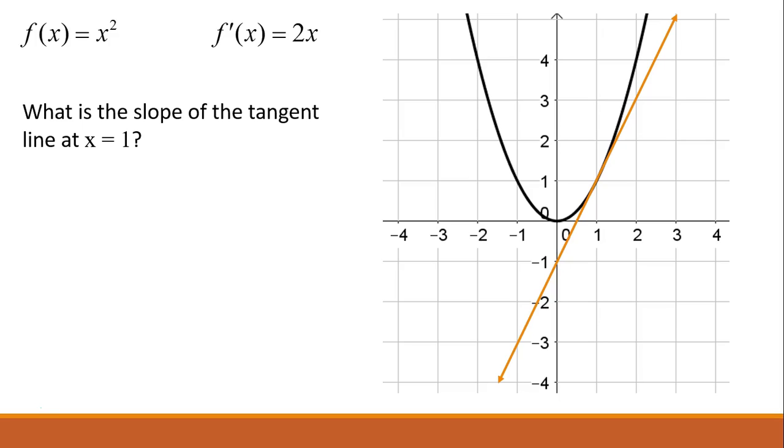We know that f prime of x equals 2x is a formula that tells us the slope of the tangent line at any point on this curve. We know that x is 1 at this particular point of tangency, so f prime of 1 will give us the slope of the tangent line at x equals 1. f prime of 1 is 2 times 1, which is 2.